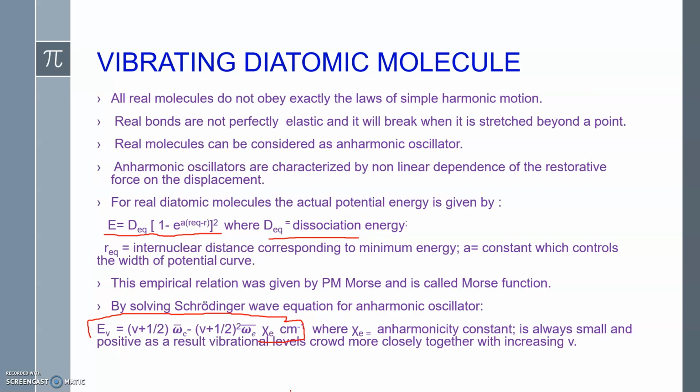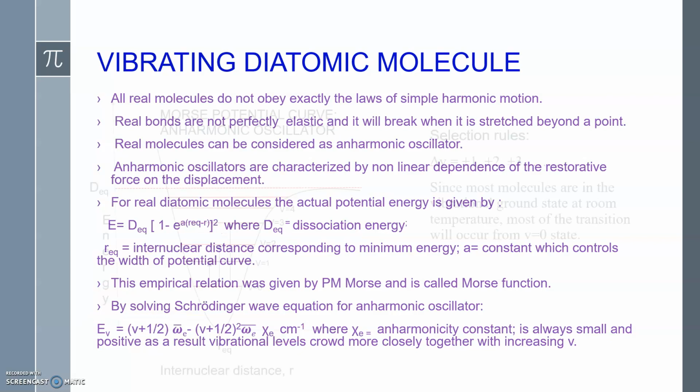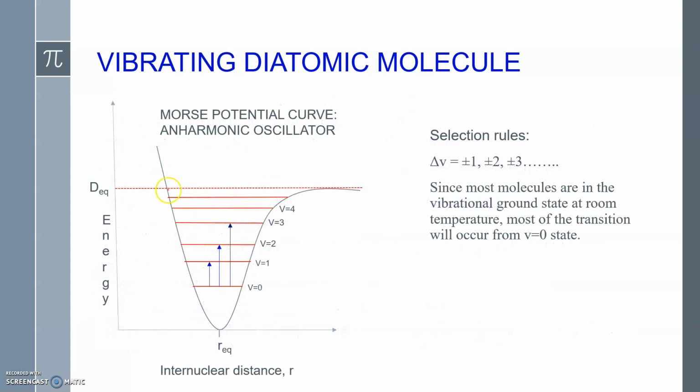Due to the presence of this anharmonicity constant, the vibrational levels crowd more closely together with increasing v. In the case of a simple harmonic oscillator, we have seen that all the vibrational energy levels are equally spaced. But in the case of an anharmonic oscillator, the vibrational levels are more closely packed. That is, the gap between the vibrational energy levels decreases as v increases.